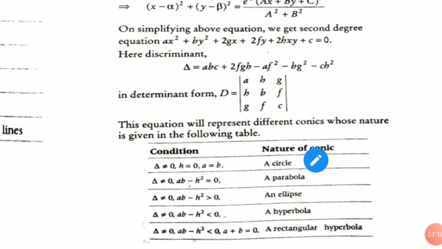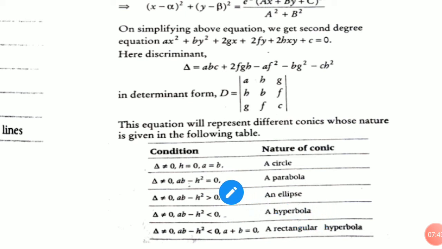What is the condition for a rectangular hyperbola? Delta is not equal to 0, ab minus h square is less than 0, and a plus b is equal to 0 also. Then the equation is for a rectangular hyperbola.